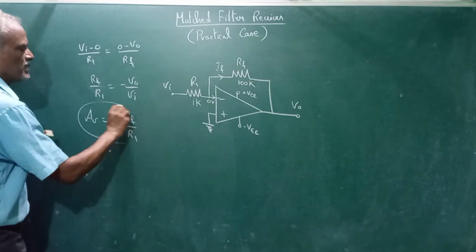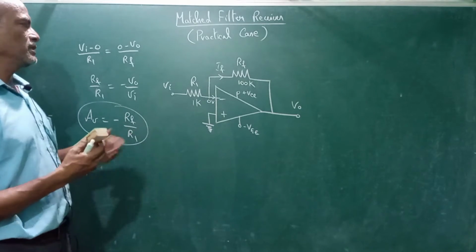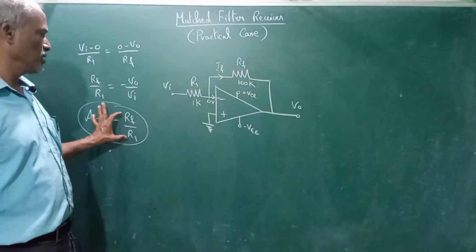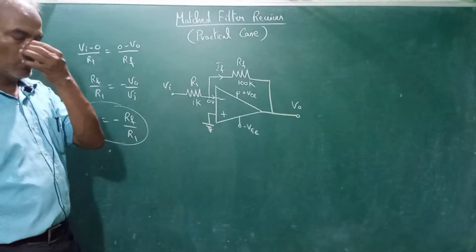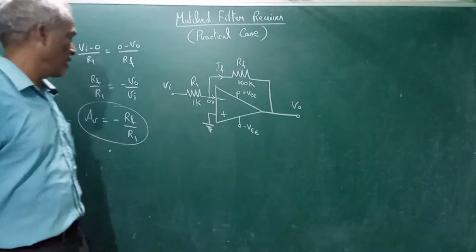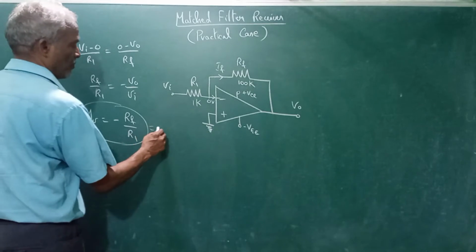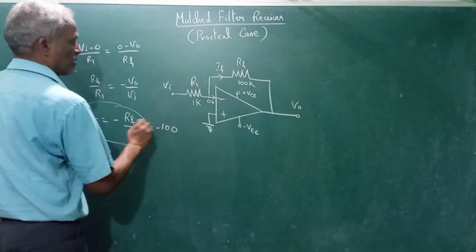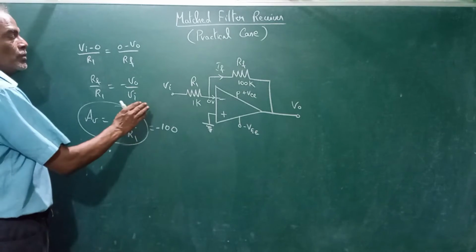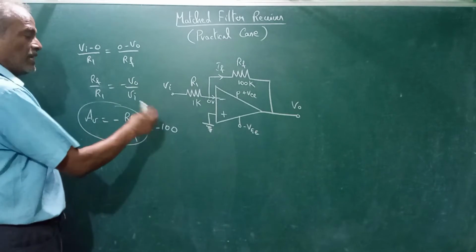This minus sign indicates that it reverses the phase. Otherwise, if you take the magnitude, the gain is RF by R1. Suppose this is 100K and this is 1K, the gain is going to be 100. So in the circuit it has a gain of 100.